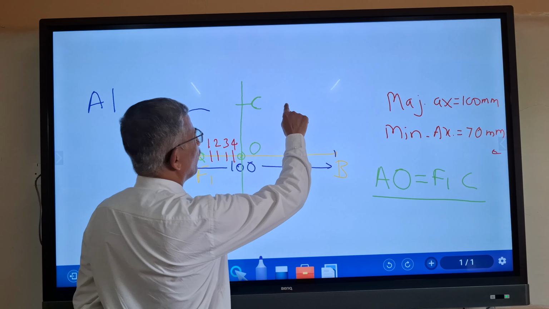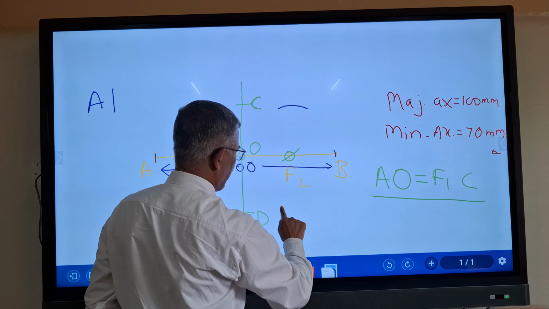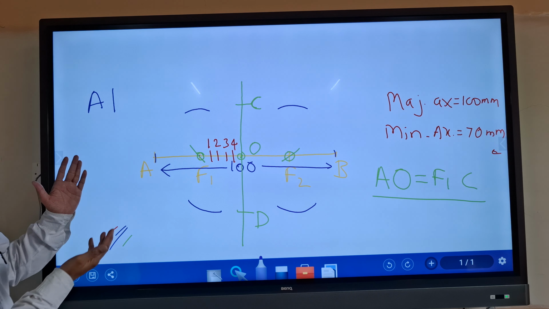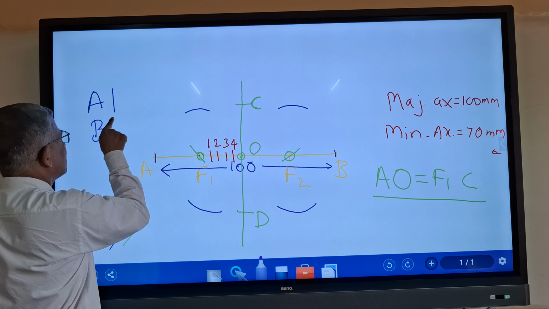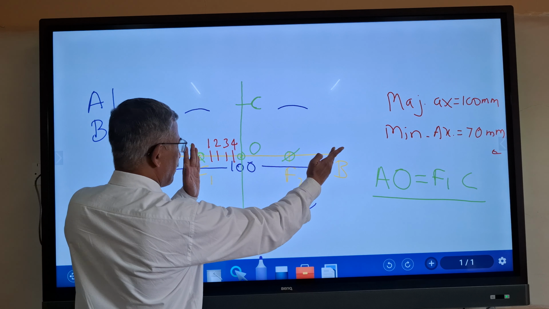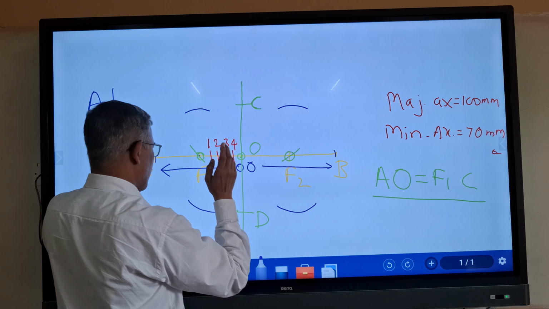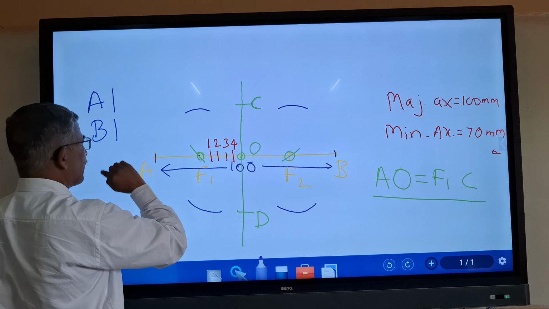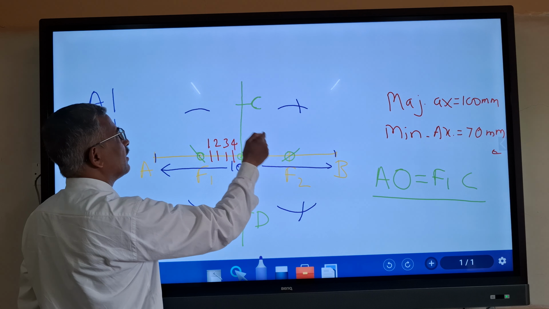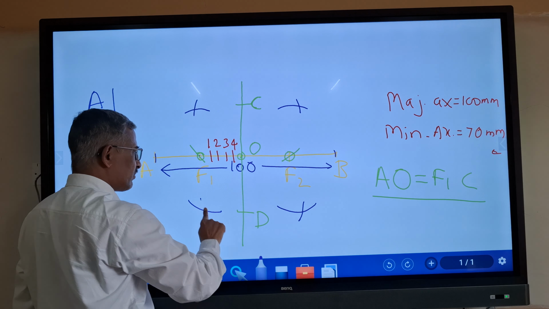From F2, repeat the same procedure. The next step, take B1 distance in your compass. B is here, 1 is here. B1 distance in your compass. From F1, cut the arc at these two sides. From F2 as a center, cut the arc at the left side.